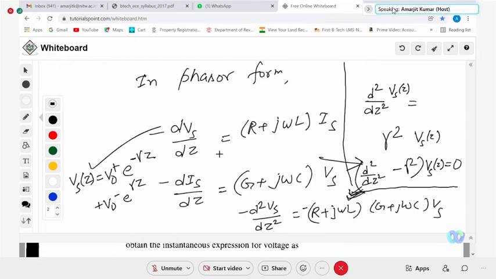This is for voltage. For current, what will be the equation? The same equation: d square upon dz square minus gamma square into I_s(z) is equal to 0.